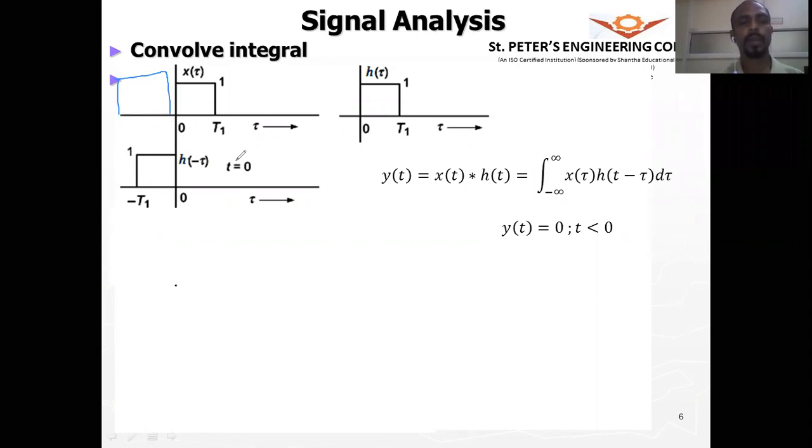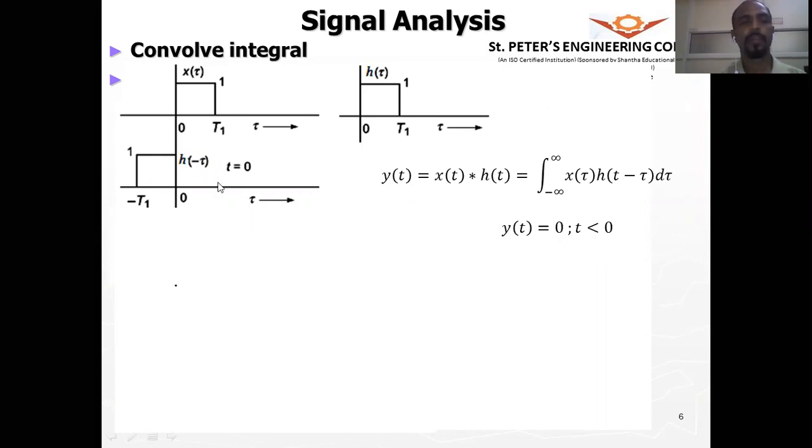So t cannot take less than 0. If it does, the integral value will be 0, as there is no overlapping region. So therefore, the integration will be 0. That is what we are telling. Okay. Next. Now when t takes 0 or greater than 0, the output will be varying.